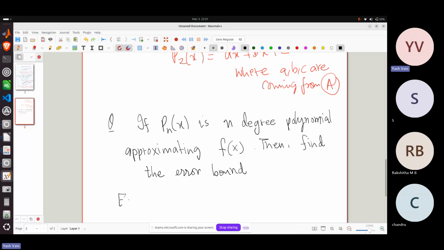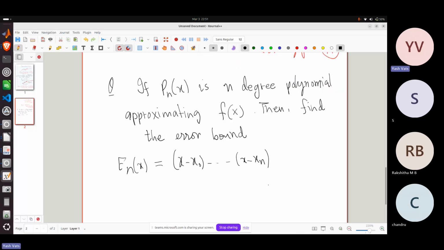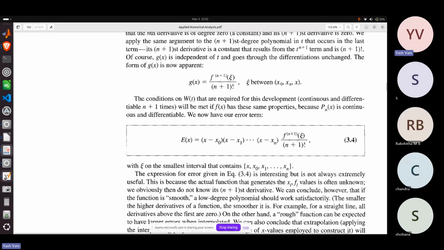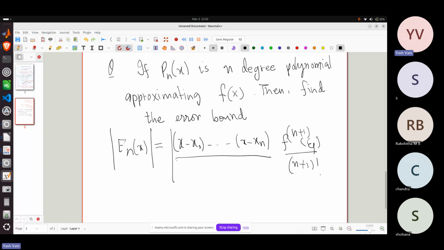So the error is given, in this case, by x minus x naught up to x minus xn, divided by, okay, f^(n+1)(xi) by (n plus 1) factorial, I think. Yes, it's the same. In the question they may ask you to reduce this bound by some number. So you need to take your function and find its derivative.